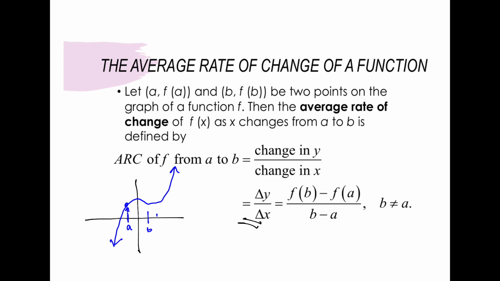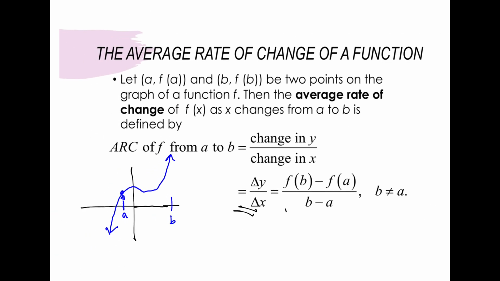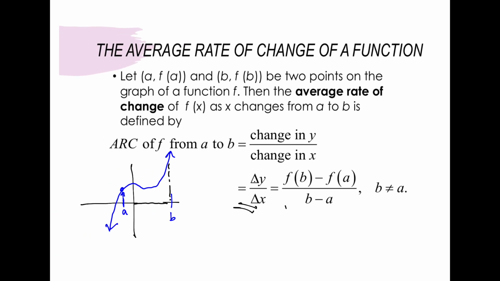Actually, let's put B out a little bit further here. It can be anywhere. I just want a good example here for us to look at. So B is this point up here. And then we have this value A here.